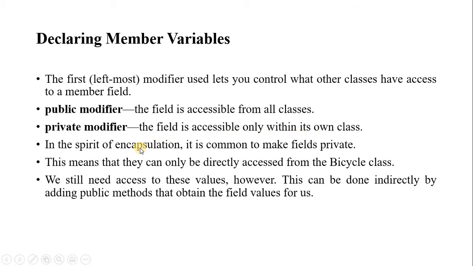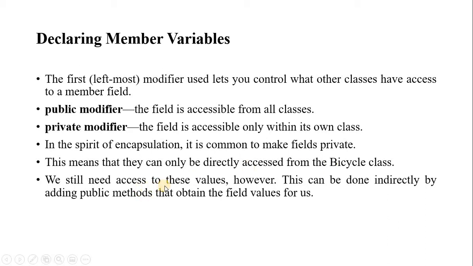Most of the time we are going to have private variables as member variables, which are accessible only within their own class. For example, in our bicycle class, we have declared private variables. So only the bicycle class can access the variables, no other classes can access them.